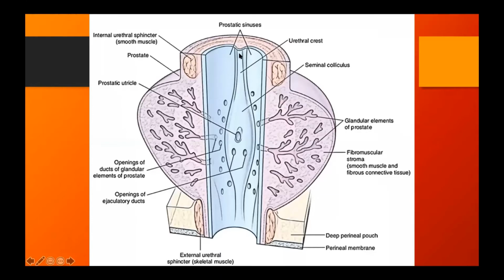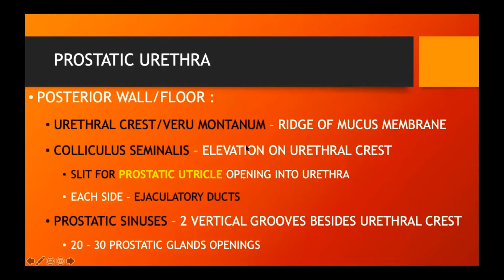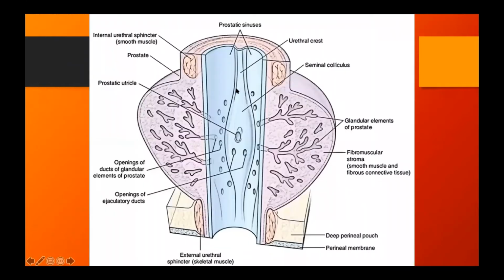First is the urethral crest. It's an elevated ridge of mucous membrane, the urethral crest or the veru montanum. This urethral crest is elevated slightly in the middle part, and this elevated part is known as the colliculus seminalis.